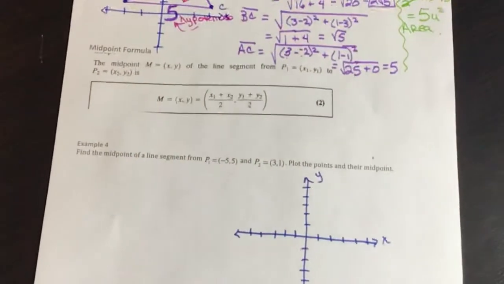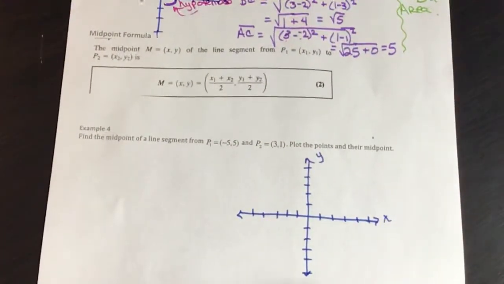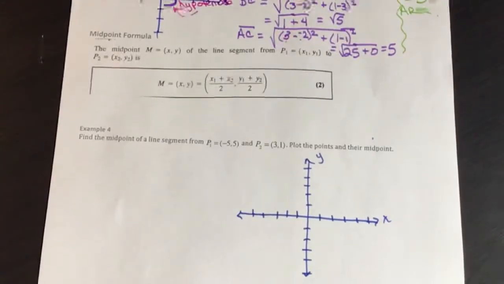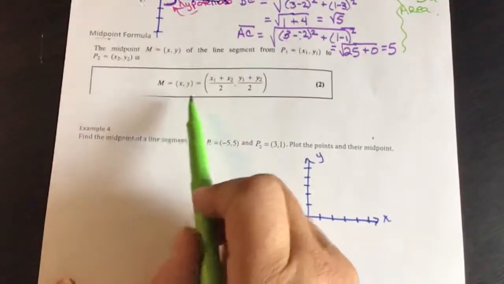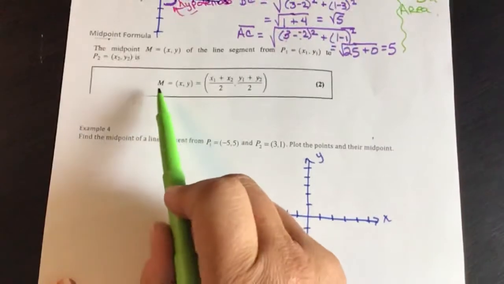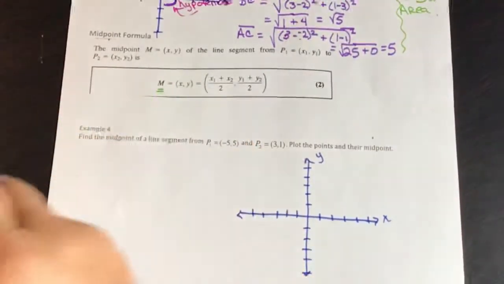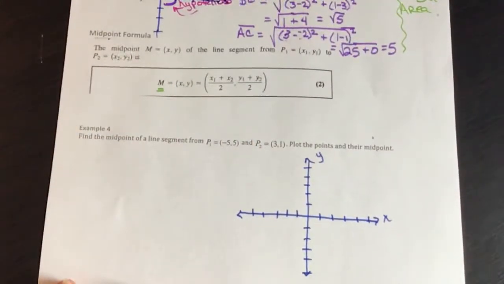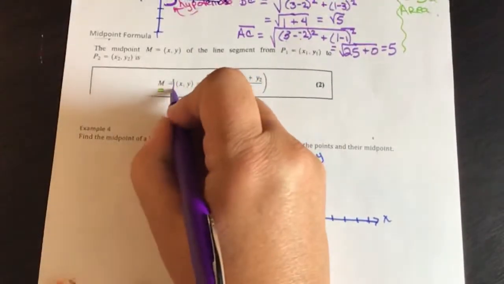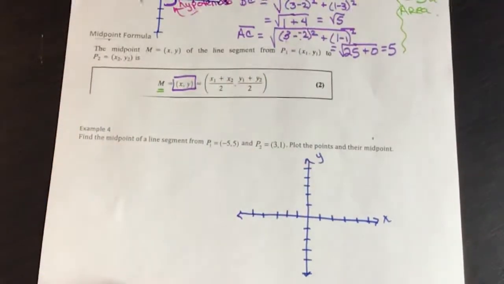All right, so another thing we're going to look at here is the midpoint formula. The midpoint formula tells us the location of a point that is halfway between two other points. And again, this should be a review of geometry, M standing for midpoint. I have a midpoint that's going to be written as a coordinate, x and y.